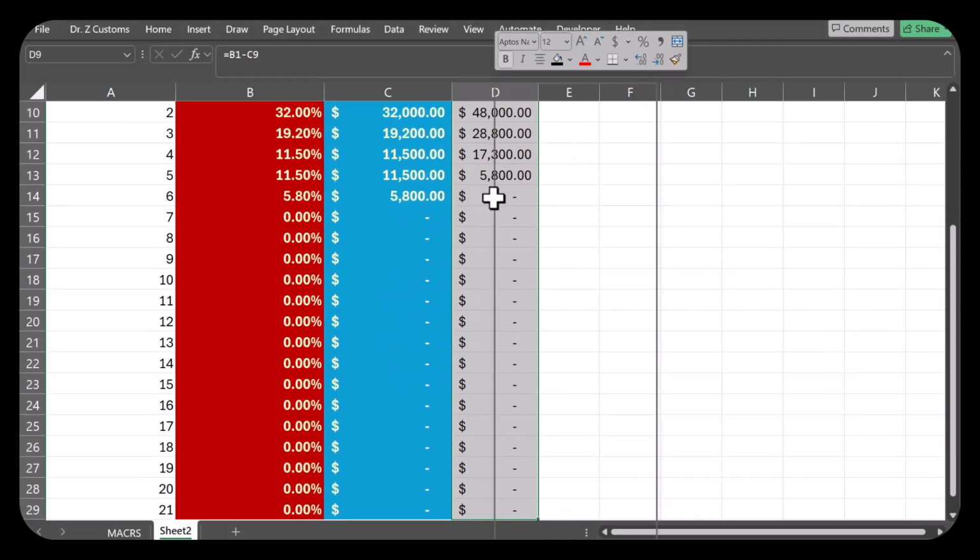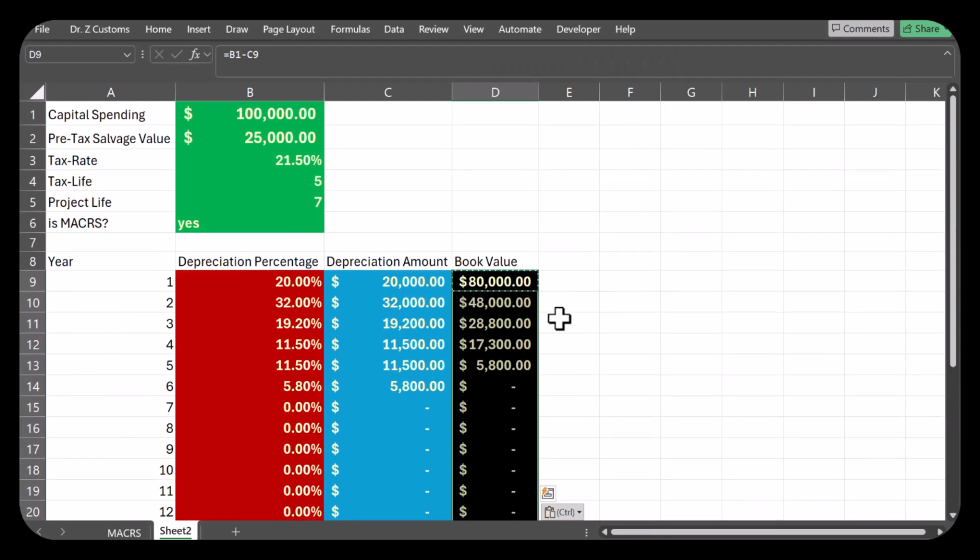Now I'm in a position to calculate after-tax salvage value. First things first, book value at salvage time. Let's make this 10, 5.